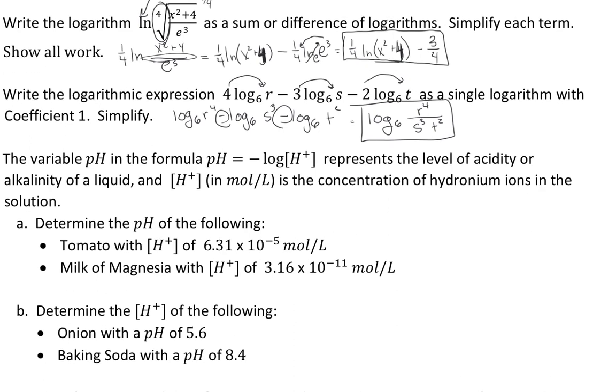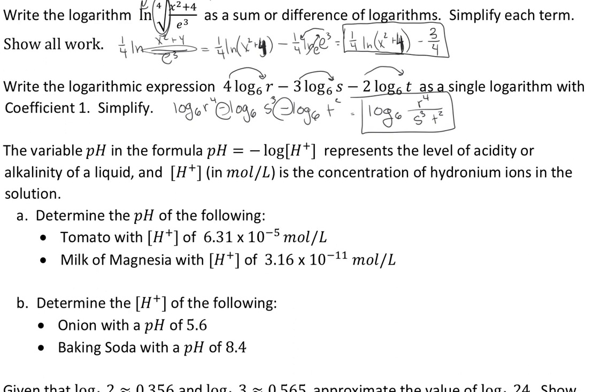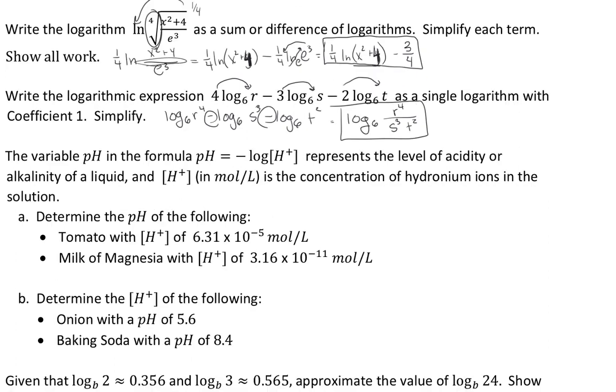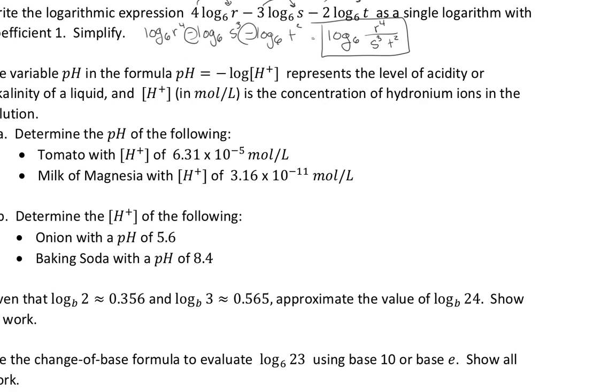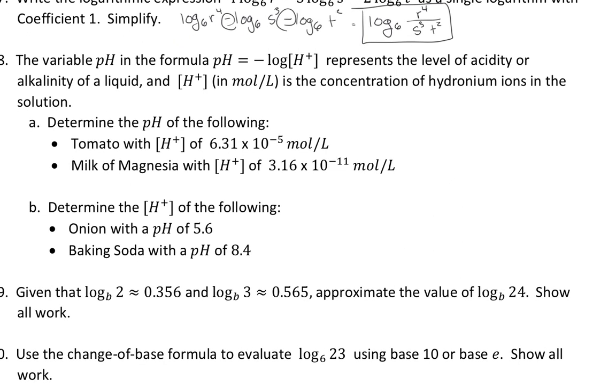Number 28, the variable pH in the formula pH is equal to the negative log of the hydrogen ion concentration represents the acidity or alkalinity of a liquid, and H plus, in moles per liter, is the concentration of hydronium ions in the solution. Determine the pH of the following: a tomato with a concentration of 6.3 times 10 to the negative 5, and milk of magnesia.